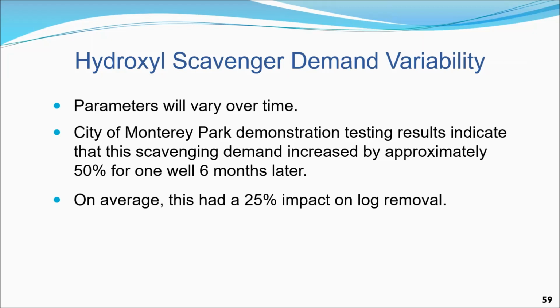And the reason given by the manufacturer, which I understand the technology, is that the alkalinity changed. It went up over 6 months, and the scavenging demand then basically impacted it. So what we're going to make them do, because this is about ready to go online, is to do regular monitoring of scavenger demand so that they can accurately predict the removal.